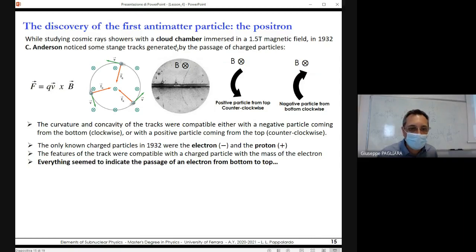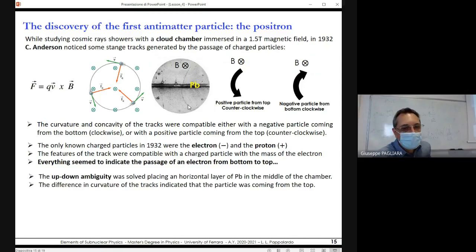By studying the features of the tracks, essentially the thickness of the track in the cloud chamber, it was pretty clear that the track was compatible with a charged particle with the mass of the electron. So it could not be a proton. The features of the track for a proton would be completely different from the one they observed. So everything seemed to indicate the passage of an electron from bottom to top. And now the question is, where does this electron come from? Because we are studying cosmic showers, it should come from the top to the bottom, not from the bottom to the top.